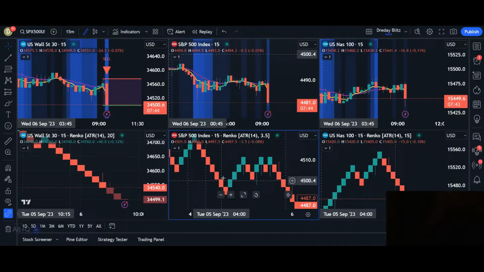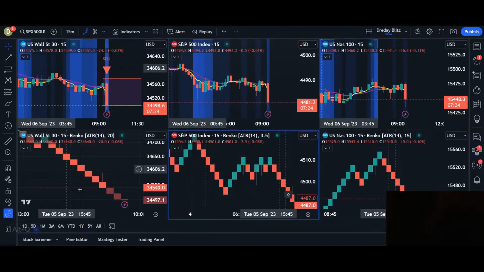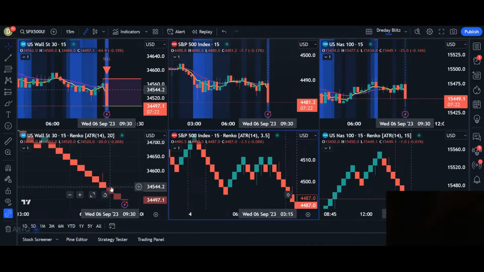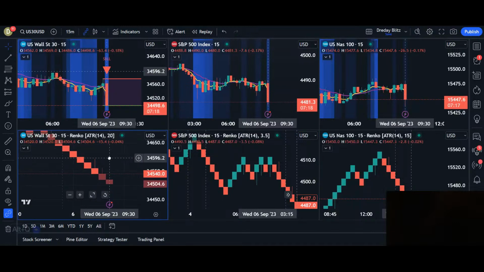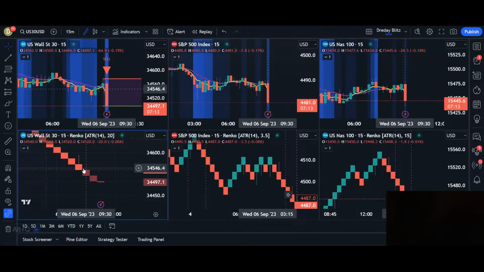As long as I'm not seeing two bars going down like that and one going up and closing like this, I'm still in the trade. As you can see, it's still plotting going down. So right now I would still be in the trade.